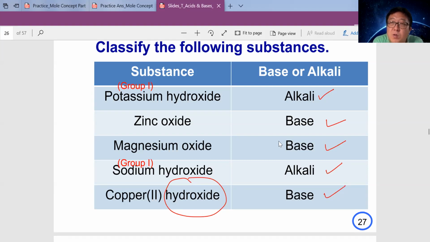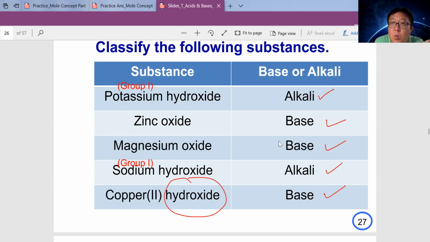Because I know that you use in the lab lime water, which is calcium hydroxide, then sodium hydroxide, potassium hydroxide, and so on. Generally, when we ask this question, even A-level students say, of course hydroxides are all alkaline. That's not true. Only the hydroxides which are soluble in water, then we call them alkaline.